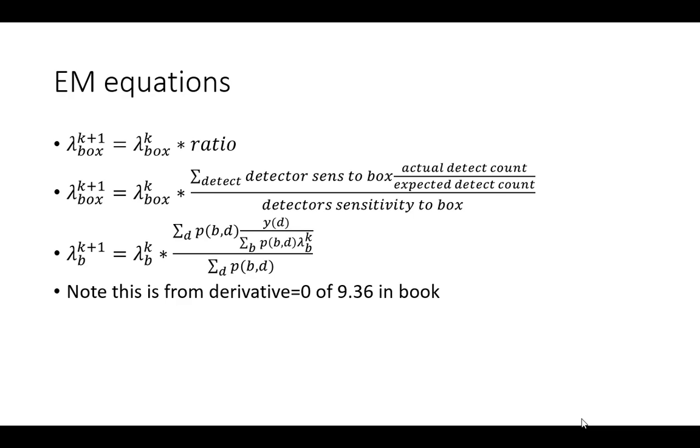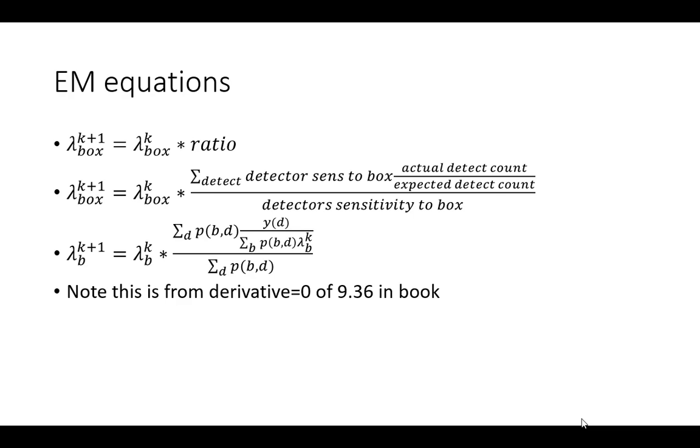The sensitivities are P's because they're probabilities that box B events are detected by detector pair D. So that's why, in the literature, it's called P, because it's a probability that it's detected. The book uses sensitivity, but that sensitivity is a probability. So that's why there are P's in these spots where the sensitivities are.